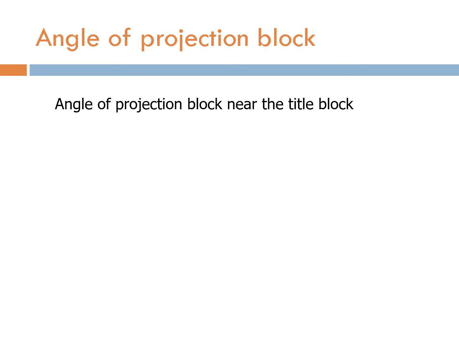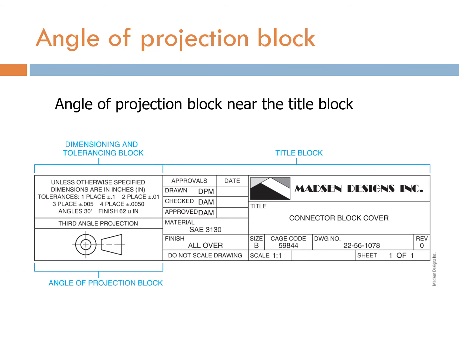How do we represent the angle of the projection? On the paper at the lower right bottom, we have a place called the title block. Usually you have a place where you represent the angle of the projection, and you simply put the symbol.